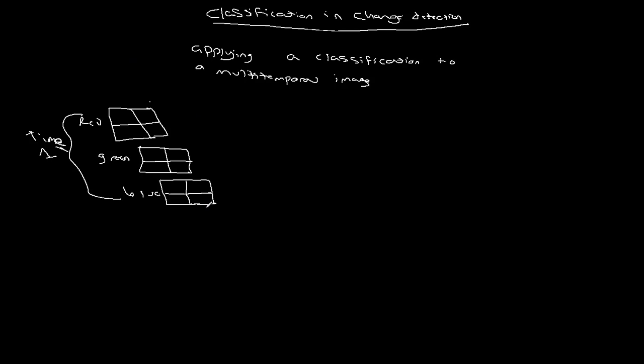Then in the same image, we would have 3 additional bands: 1, 2, and 3. So this would be, again, red, green, and this would be blue.